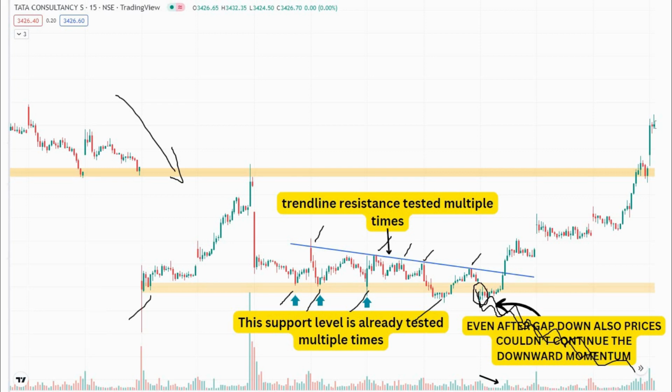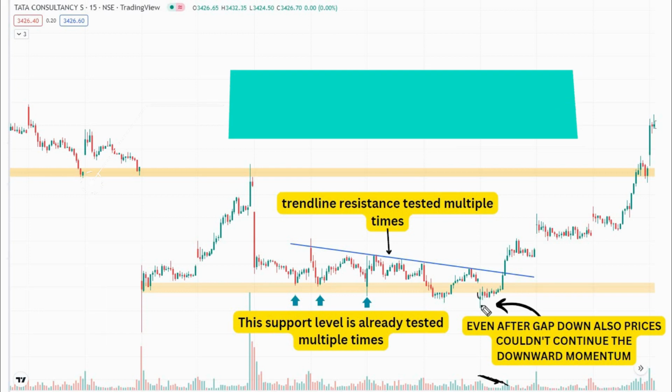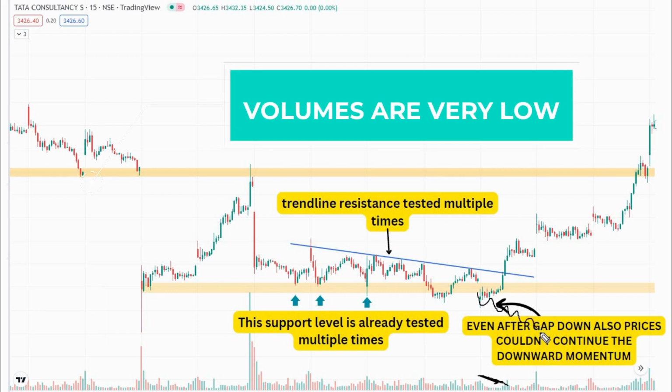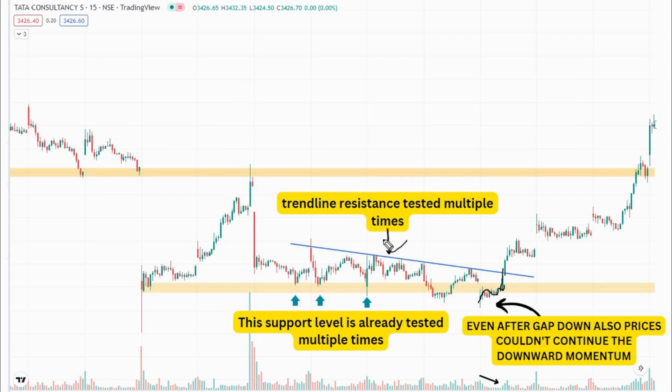But what happened? After this gap down, look at the volume, very, very low volume, and instead of forming lower high and lower low formation, prices are forming higher high and higher low formation, and eventually broke this important trend line resistance, which is also already tested multiple times. This is the most important part.